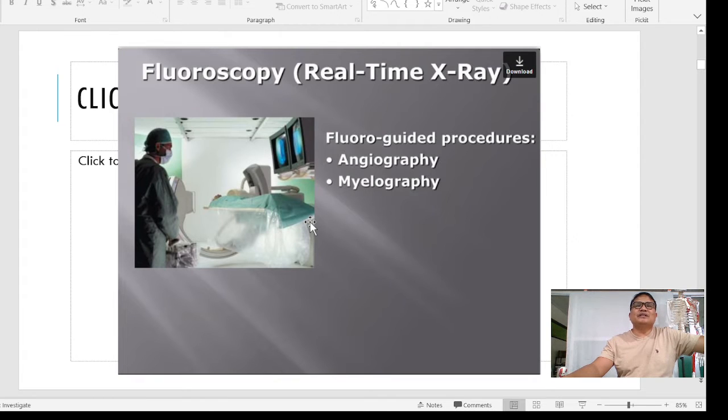Fluoroscopy is a real-time X-ray. It is done again with contrast. When you say real-time, the imaging is done during the actual procedure.